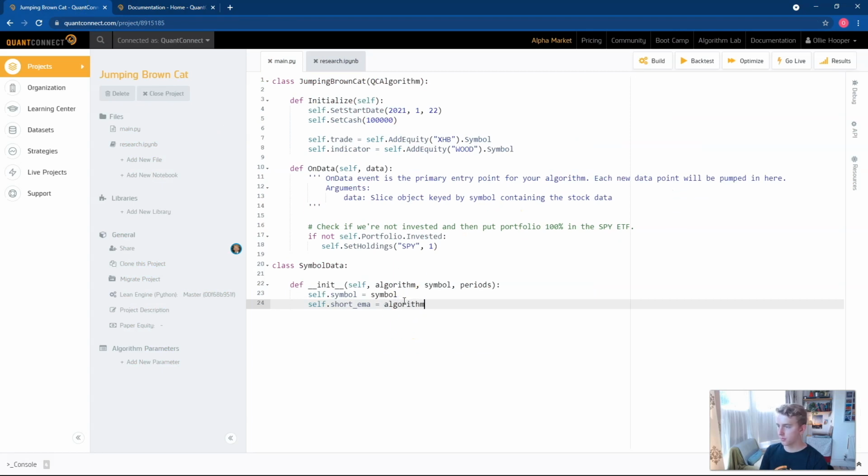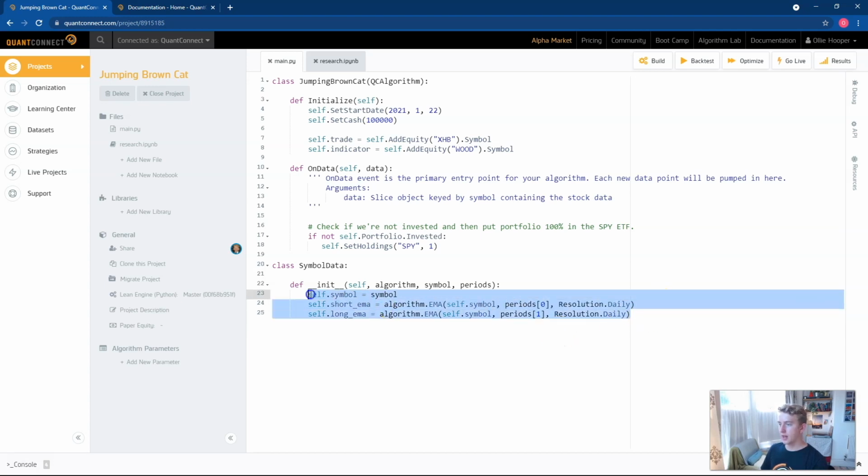So algorithm.ema symbol, so self.symbol. The period we said, so for the short, it's going to be periods 0, so the first period, and then the resolution, so Resolution.Daily. Let's do the same for the long EMA, but just swap over the period. There we go.